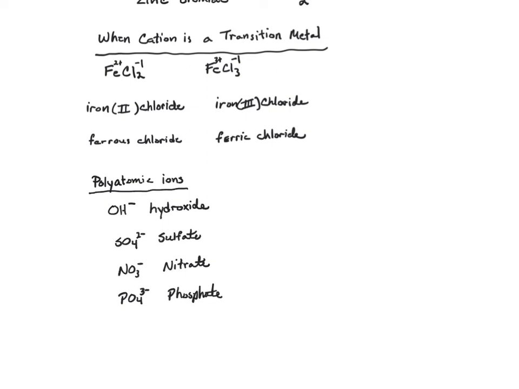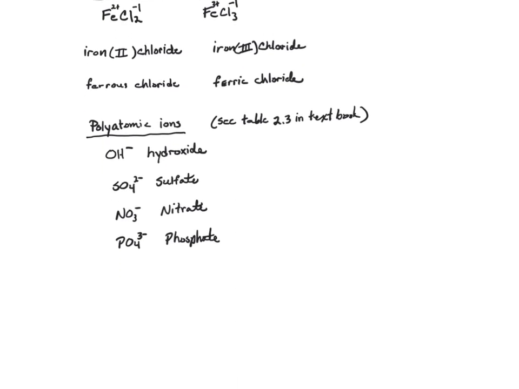Okay, and if you look at table 2.3 in your textbook, it has several of these that you can look up. Okay, but these get treated exactly like the monatomic ions. It's just different words that we use.